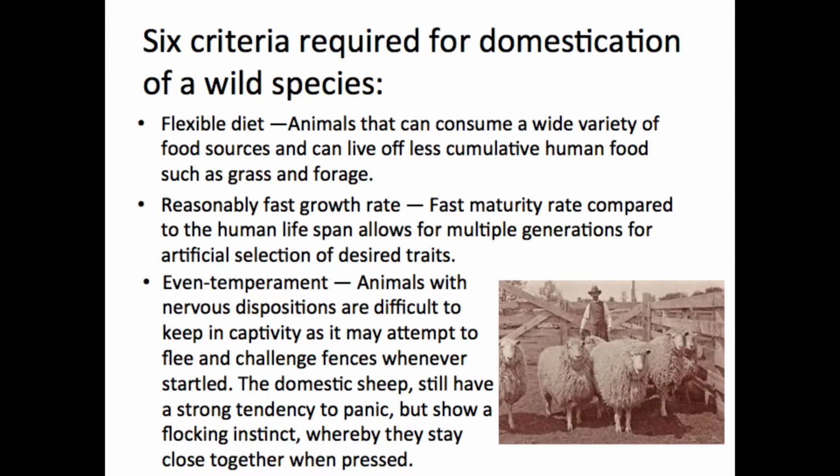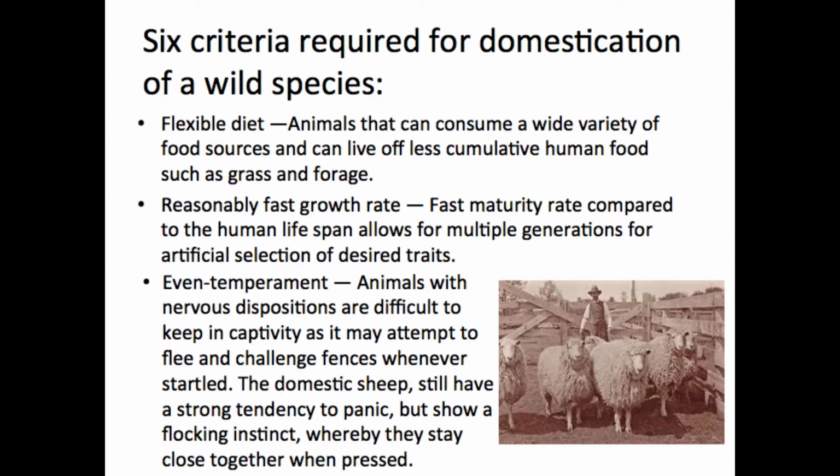Artificial selection doesn't work very well if we wait around for 1 or 2 generations. We need an animal that matures very quickly, has a very short generation cycle. We're able to see a lot of generations and be able to select for these characteristics we want.